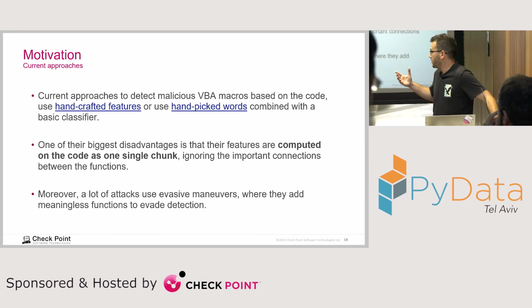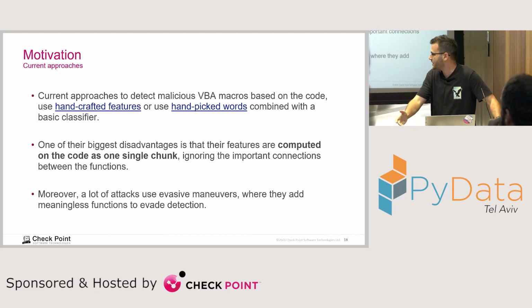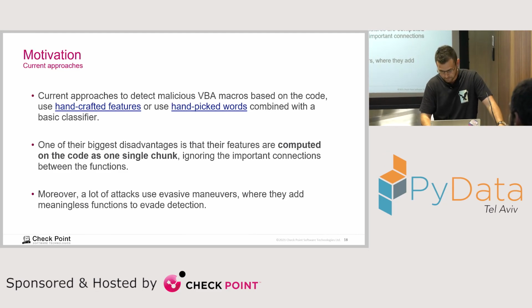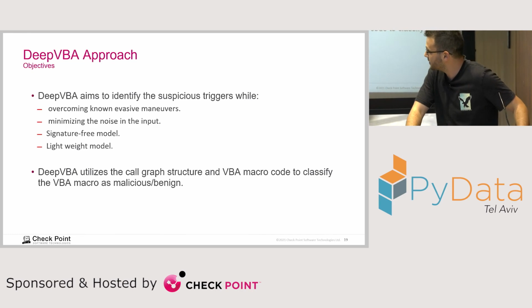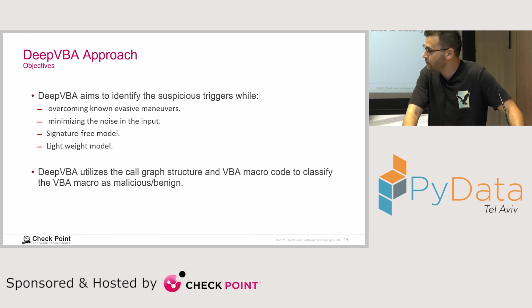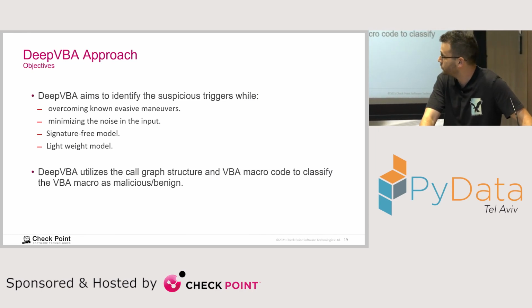Moreover, a lot of attacks use evasive maneuvers, where they just add meaningless functions to evade detection. So if you look at the code as one single chunk, you're going to have a bad time. It's really hard to understand what's happening. It adds a significant amount of noise. And that's exactly what DeepVBA tries to solve.